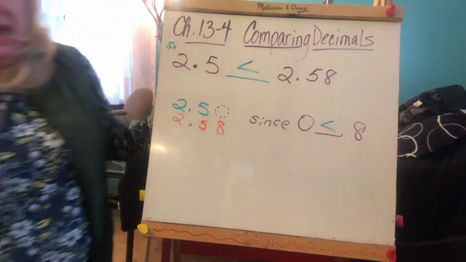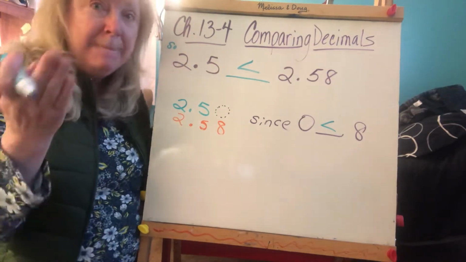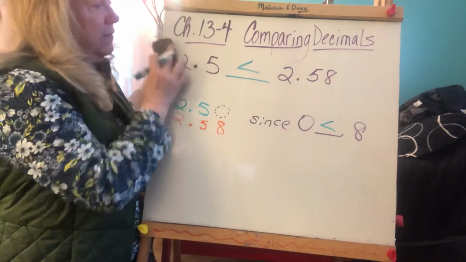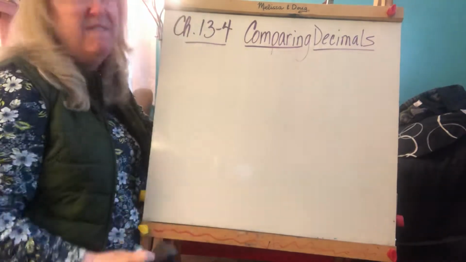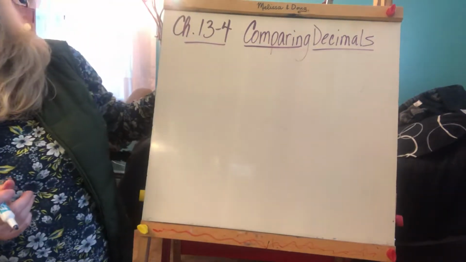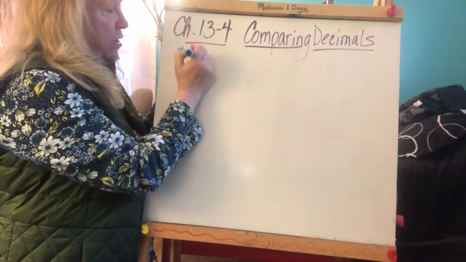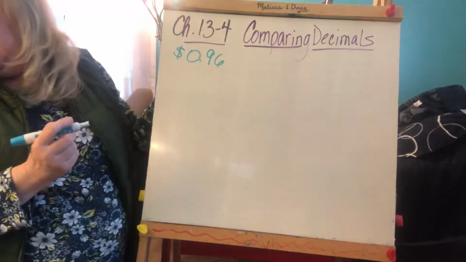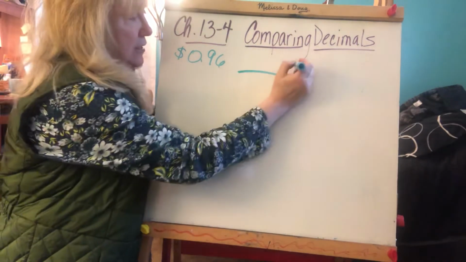Okay, well, money sometimes is what you're going to be asked, and money is a decimal. So let's erase this, and let's write two numbers that are money values. What if we had, I want you to compare 96 cents compared to 92 cents.